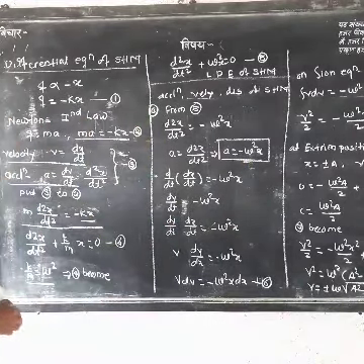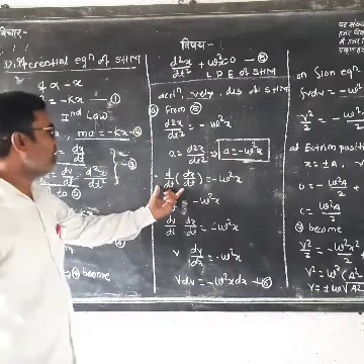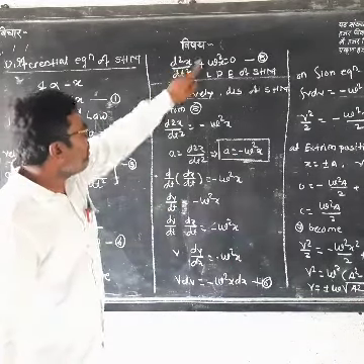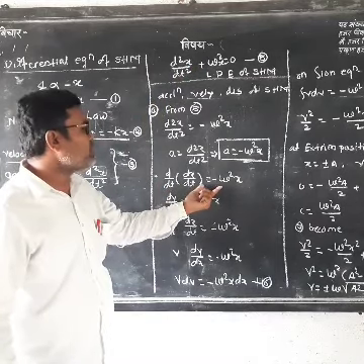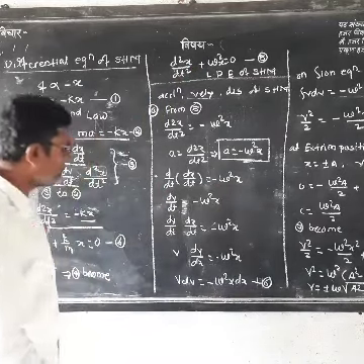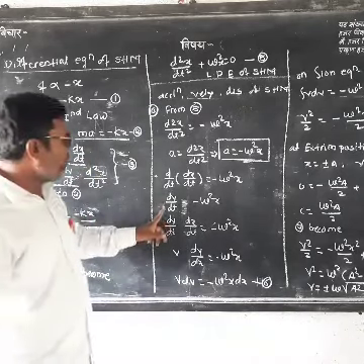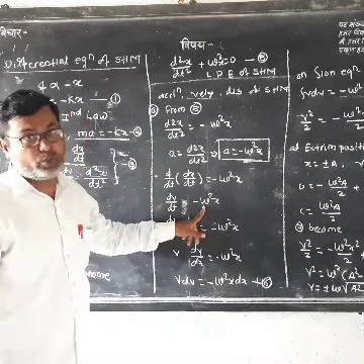After that, we simplify equation 5 further. We write d upon dt of dx upon dt is equal to minus omega square x, that is, dv upon dt is equal to minus omega square x.